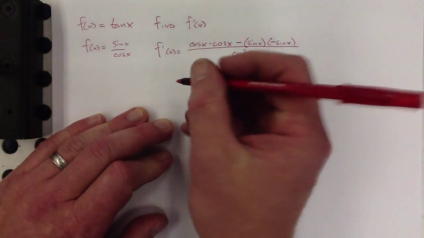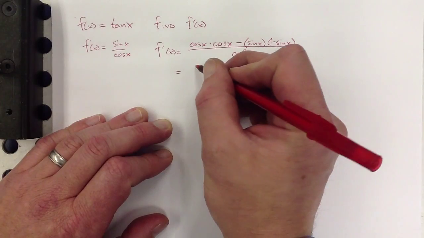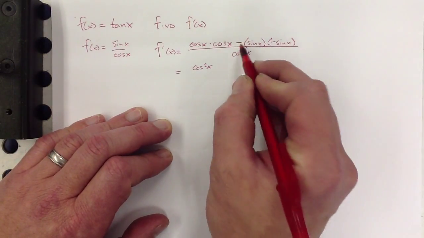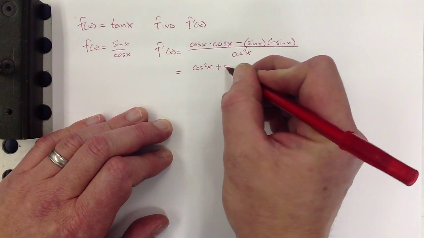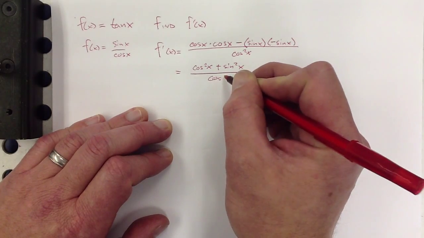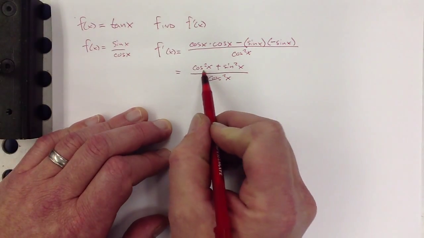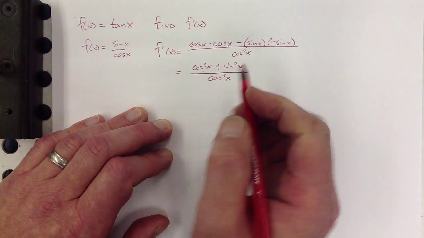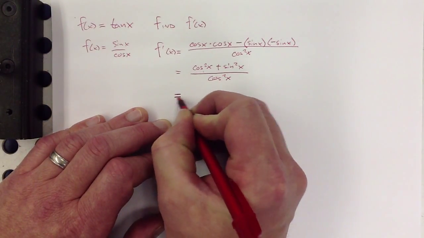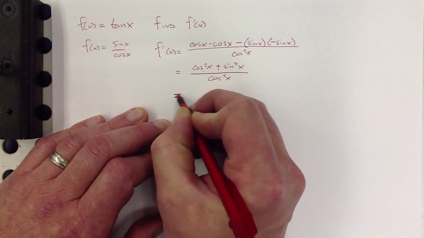All right, now let's clean that up. At the top we have cosine squared x, and then those two negatives, and do sine squared x over cosine squared x. Hey, cosine squared plus sine squared, that's like the one trig identity I remember, right? That's what you're saying to yourself. Maybe you remember the other ones.